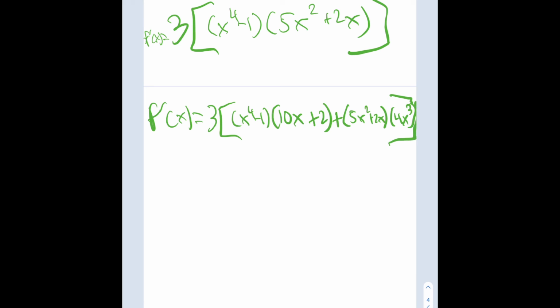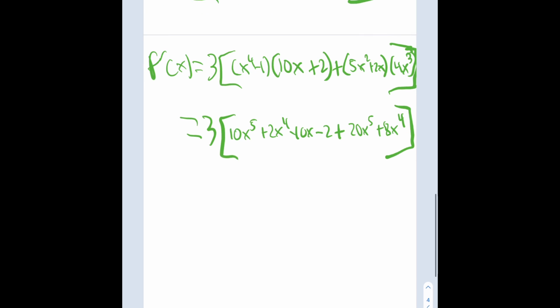Now we need to simplify, so 3 on the outside. Again, you have to FOIL, so this is going to give me 10x to the fifth plus 2x to the fourth minus 10x minus 2, plus 20x to the fifth plus 8x to the fourth.